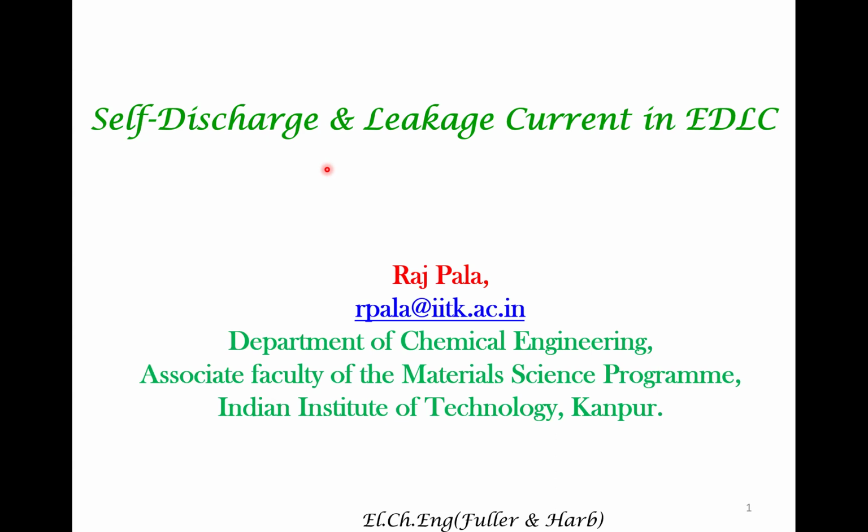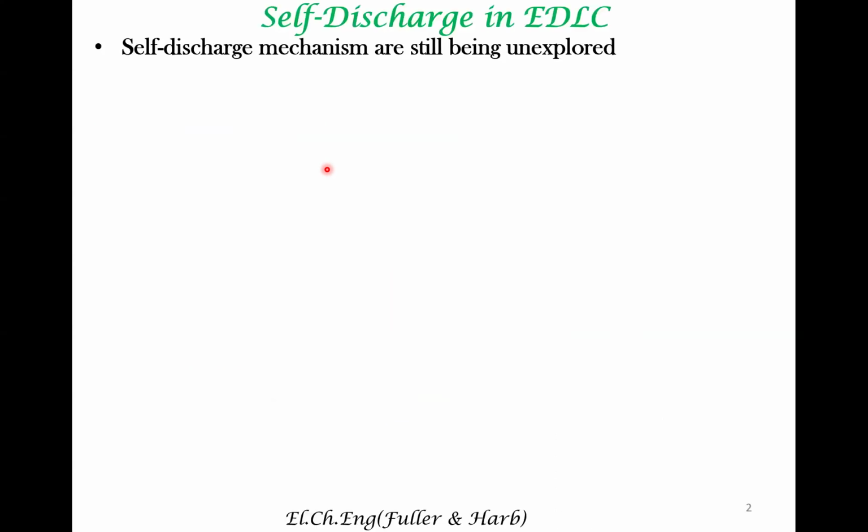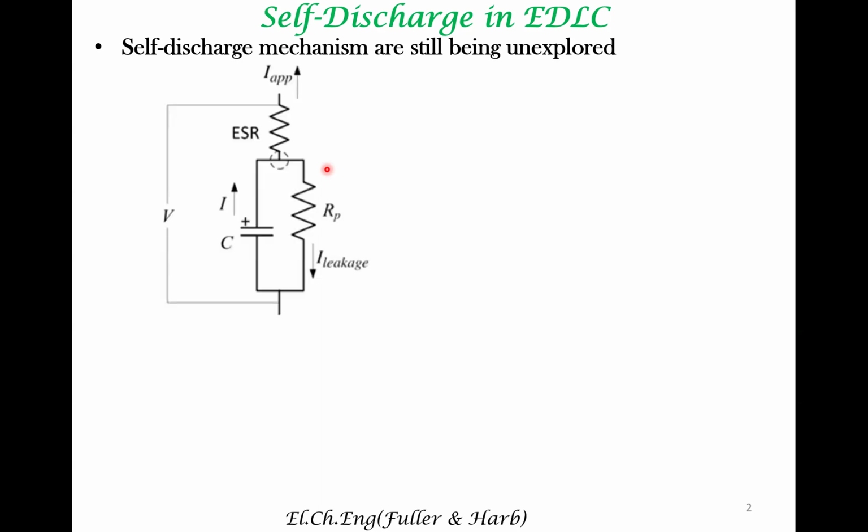This is a rather intriguing aspect of both a capacitor and a battery. As I mentioned, it's not completely understood, but there are some models. So one way to think about leakage current is that there is a resistance to leakage current, and this resistance is in parallel to the capacitor.